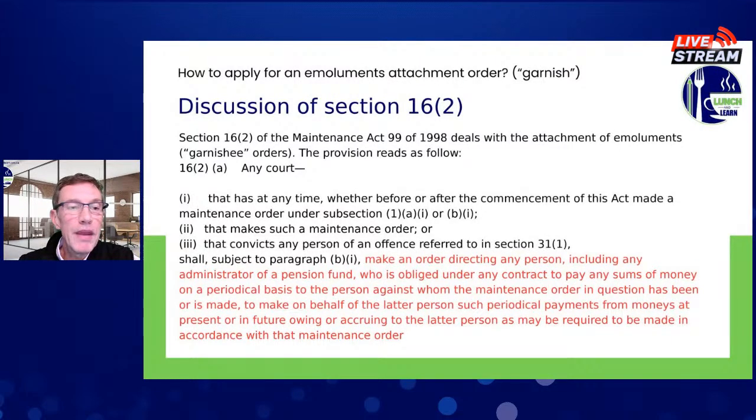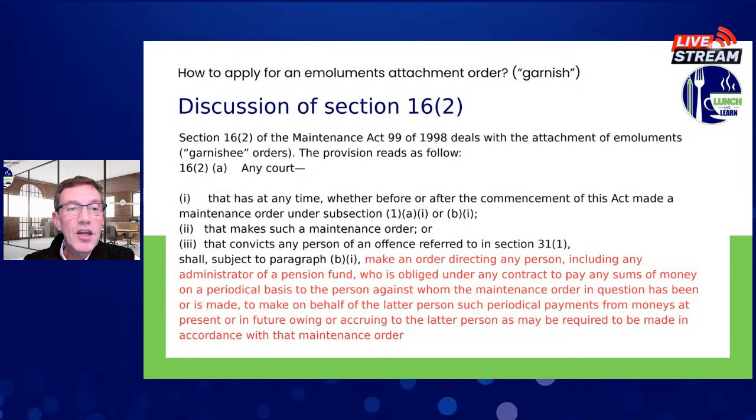so obviously at any time now after the Act has commenced, it would give you the opportunity to apply for a garnishee order that makes such a maintenance order, or that convicts a person in terms of an offense in terms of Section 31. And we'll get to that, I'll make a mention of that later.